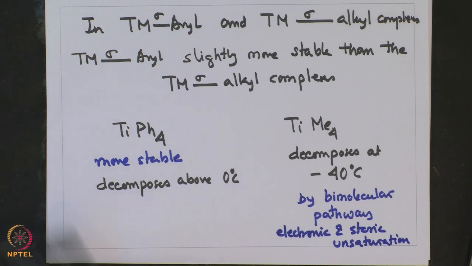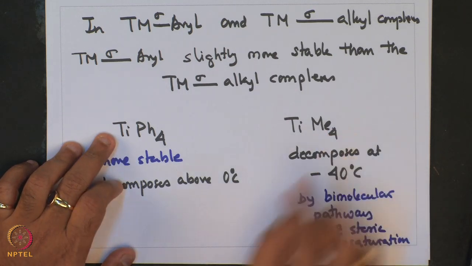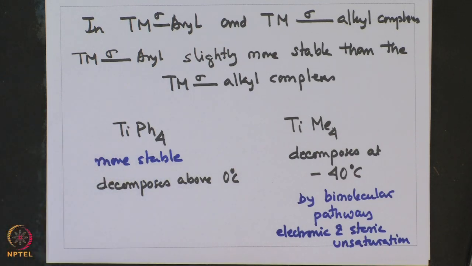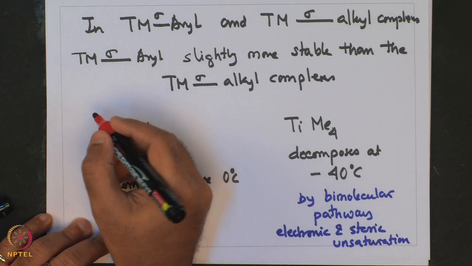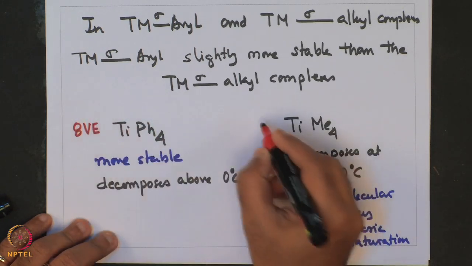Now, in titanium tetraphenyl, the electronic unsaturation is the same as that in titanium tetramethyl, because both of these are 8 valence electron compounds.